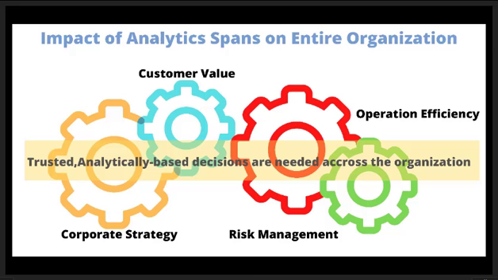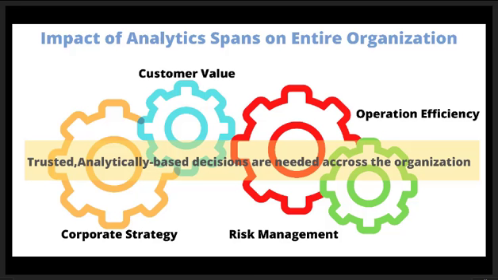So from this, you can see the impact of analytics spans the entire organization. It starts from corporate strategy, customer value, risk management, operational efficiency. So analytics-based decisions are needed across the organization.